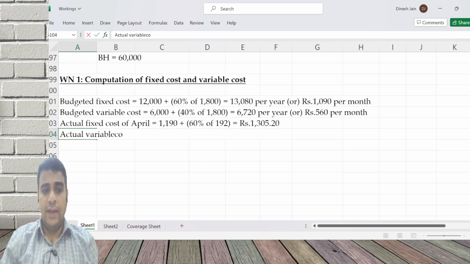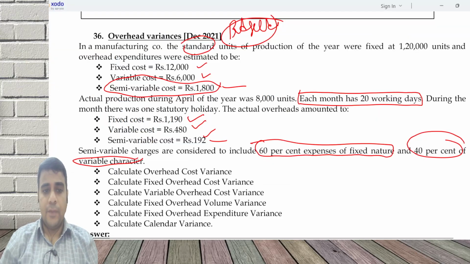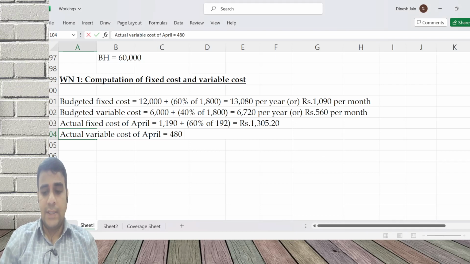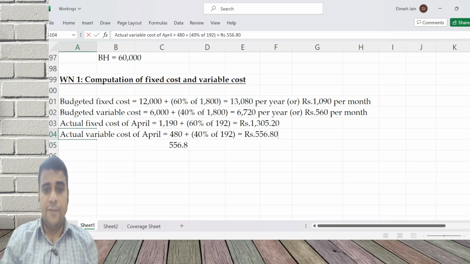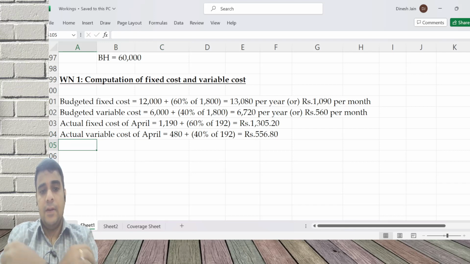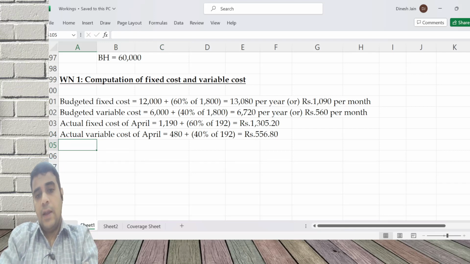Actual variable cost of April is 480 plus 40% of 192, which is 556.8. So 1,305.2 and 556.80.